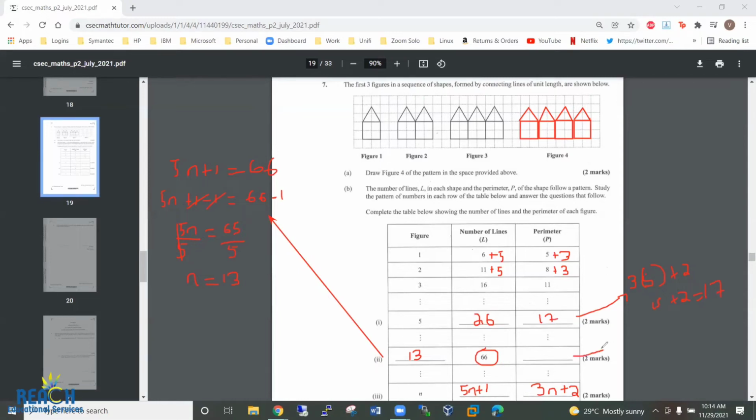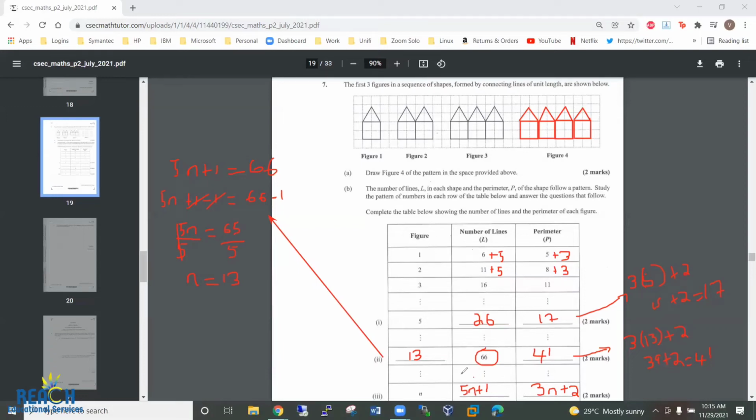And for this last one, we do the same thing because we have the general form. 3 multiplied by 13 is 39, plus 2 gives us 41. So all of that table was for 6 marks, and the diagram we drew above was another 2 marks. That's 8 marks, and we have our next 2 marks to get, so we'll get 10 marks when we finish this question.